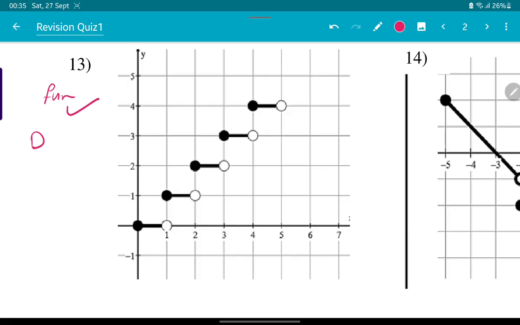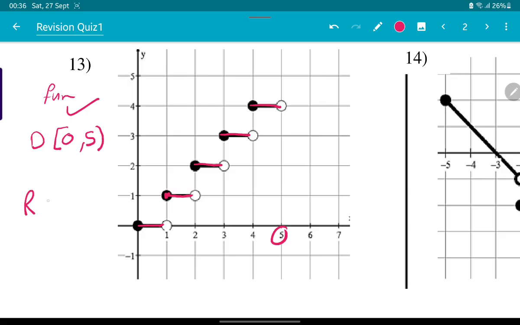So it's a function. For the domain, running on the x-axis, we have from 0 to 1. If this one is excluded, but it's taken in a different part of the graph, so it's continuous. But the final part, the 5, is not taken, so we will write a parenthesis.